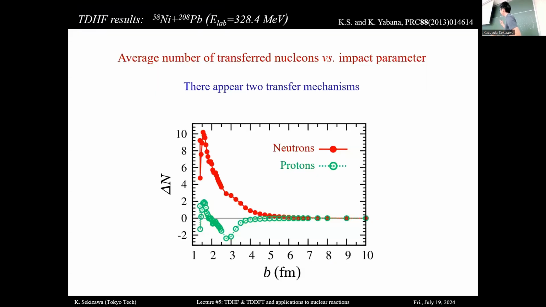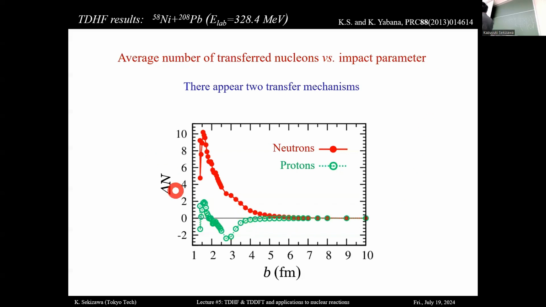Here I show how many nucleons are transferred during the time evolution. This figure shows the average number of transferred nucleons as a function of impact parameter.